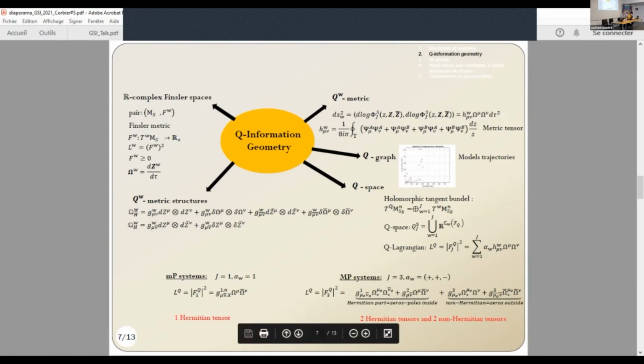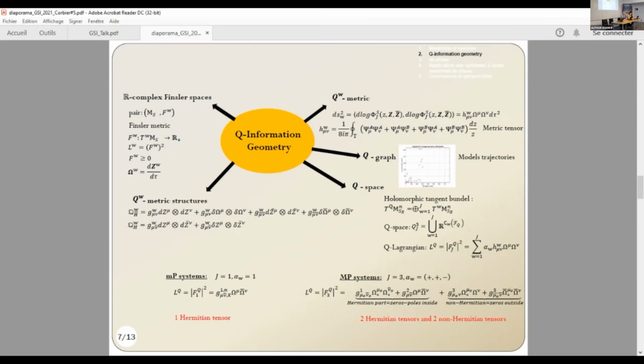For maximum phase systems, there is a metric with a new signature plus minus as here, and we have in fact four metric tensors. The Hermitian metric tensor is square, and the non-Hermitian tensor is not square.